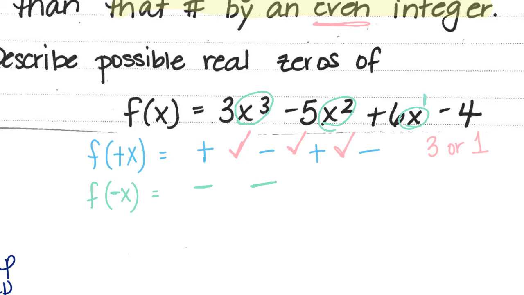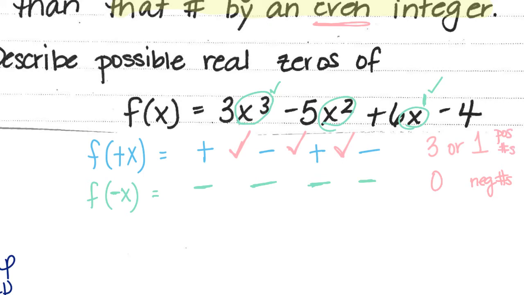Because this is to the first power, yes, odd powers change the sign, and that negative 4 will not change. So notice there are no changes of signs. It does not change from positive to negative, so there are no negative numbers. There are 3 or 1 positive numbers.